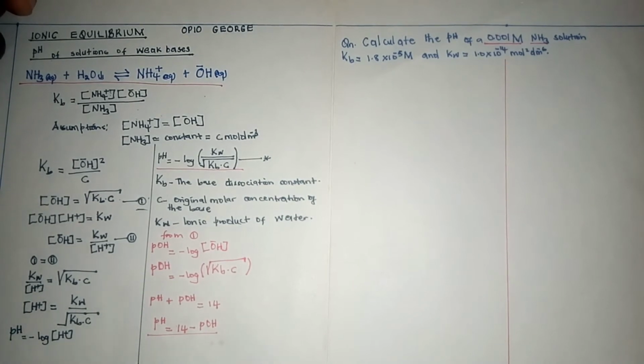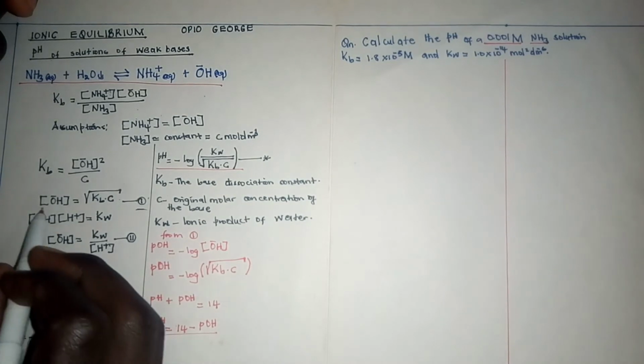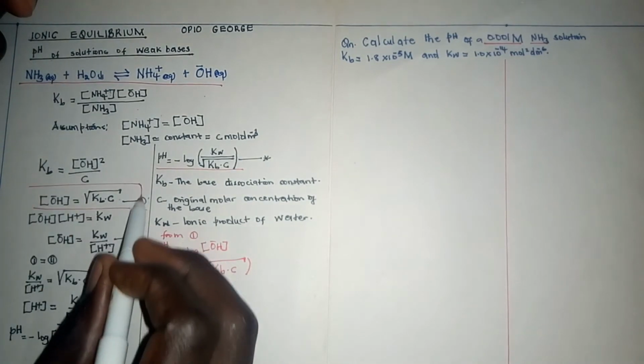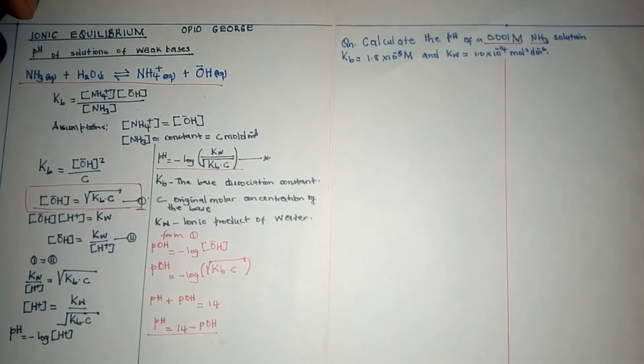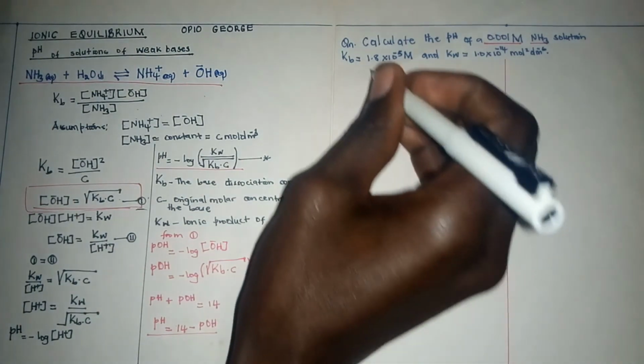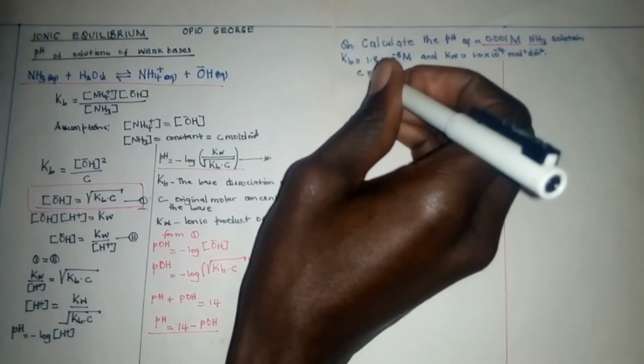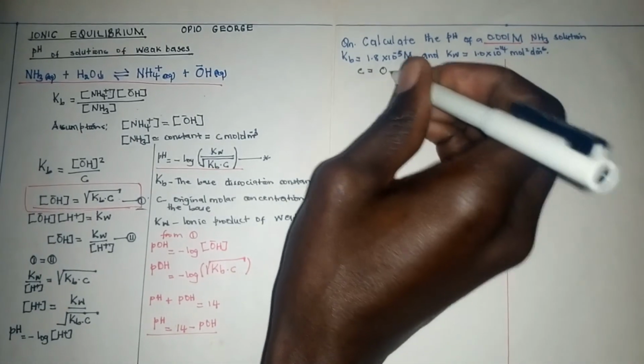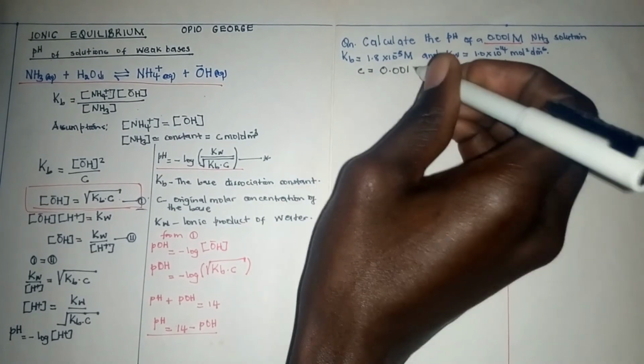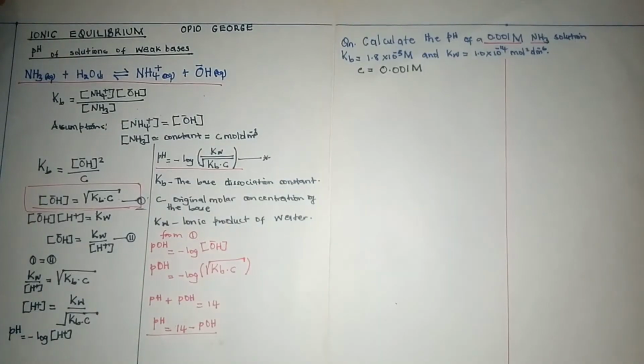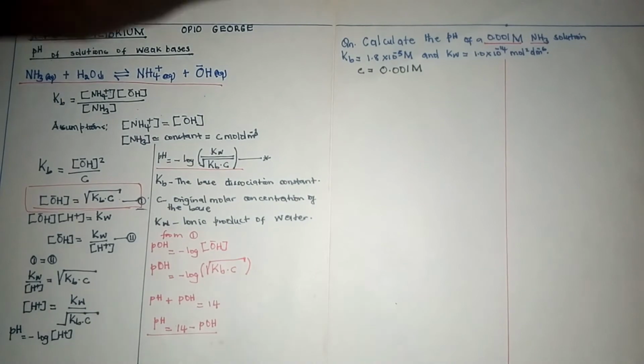So using the expression for the hydroxyl ions concentration, we are going to find the molar concentration of the hydroxyl ions that is produced by 0.001 molar ammonia solution. So we can say here that our initial concentration, which is C, is 0.001 molar. So we have that information.